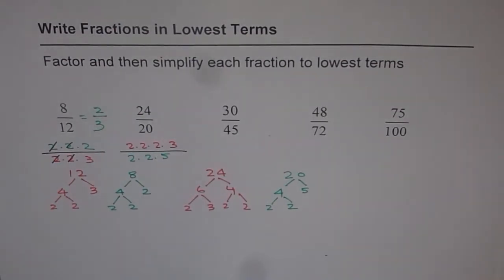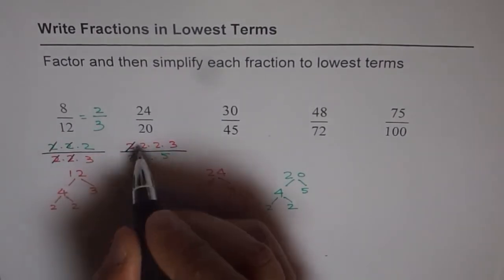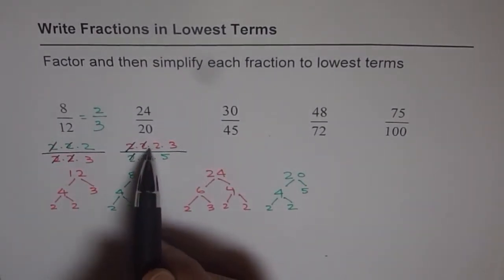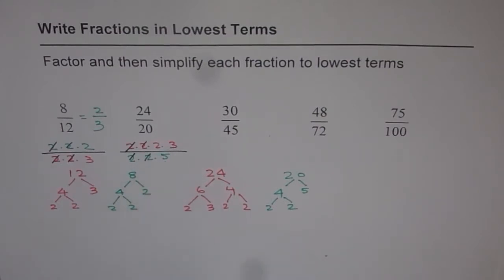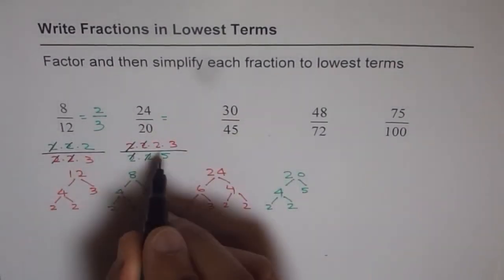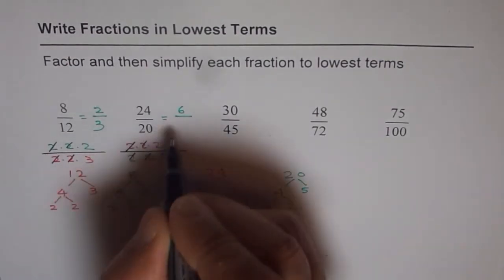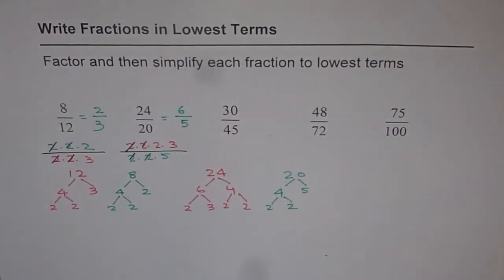Now we have to cancel the common factors. So 2 divided by 2 is 1. Again 2 divided by 2 is 1. What remains is 2 times 3 in the numerator divided by 5. Is that correct? So we can write this as 2 times 3, which is 6, divided by 5. So 24 over 20 is the same as 6 over 5.